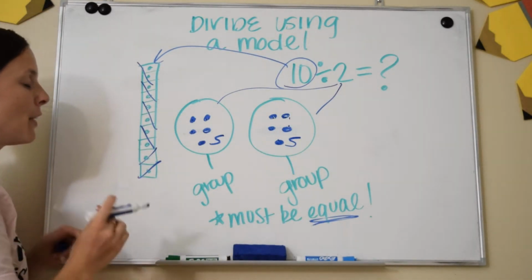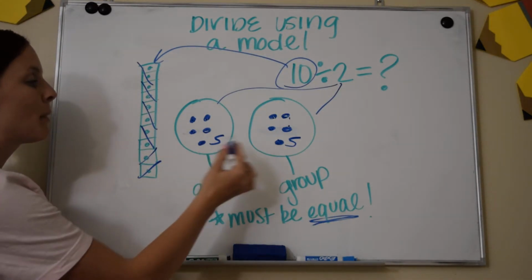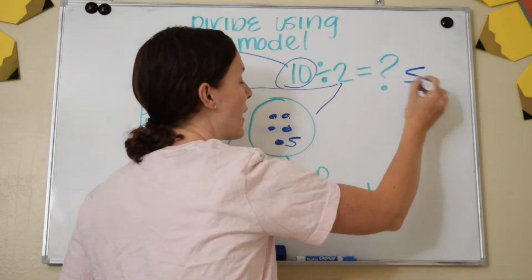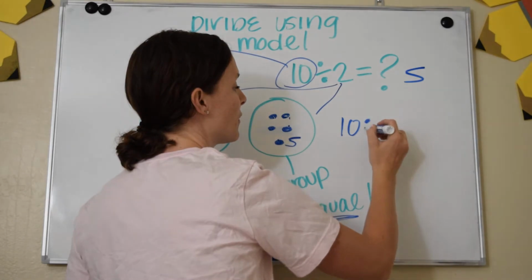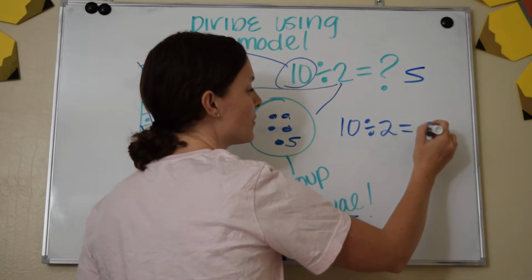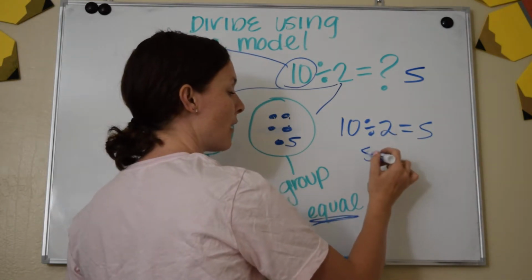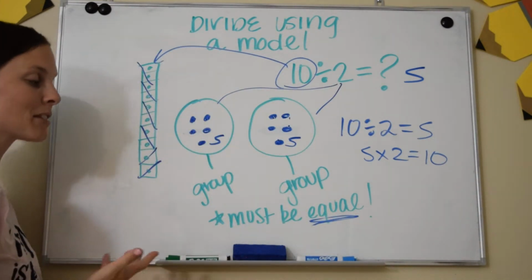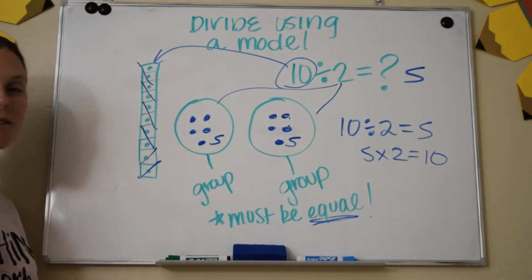They are equal. I don't have anything left over. How many were in each group? There was 5 in each group, so the answer is 5. So my fact family for this one was 10 divided by 2 is 5, and I know that because 5 times 2 is 10. So our answer to this problem is 5, and we did that using models.